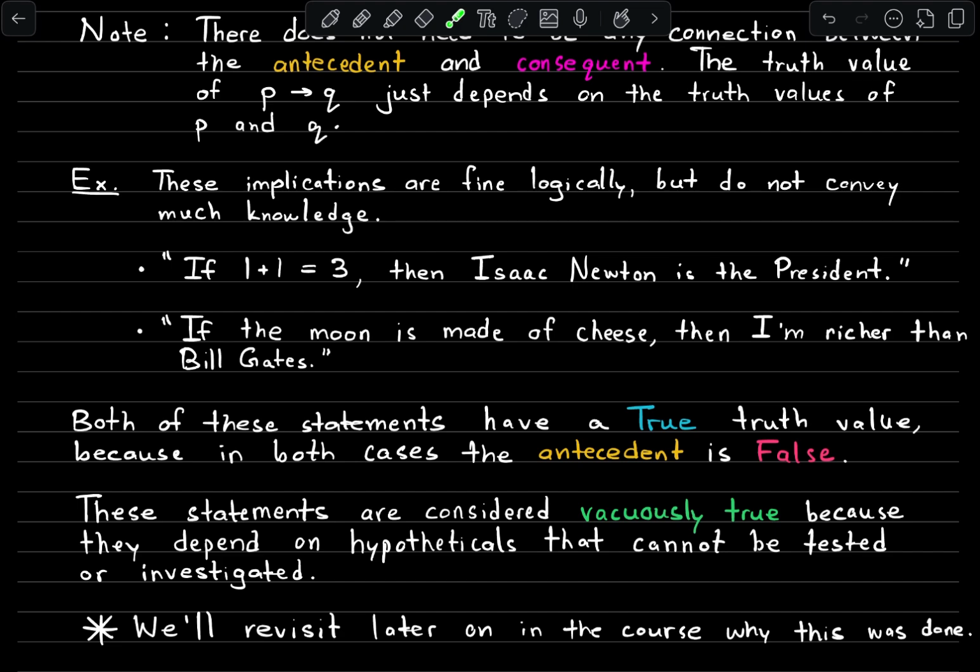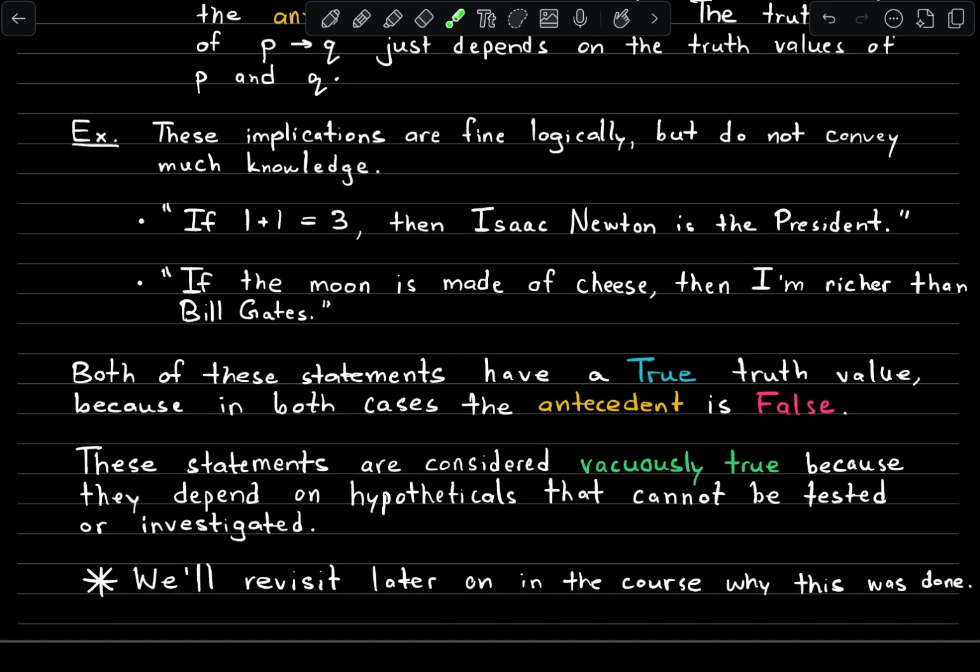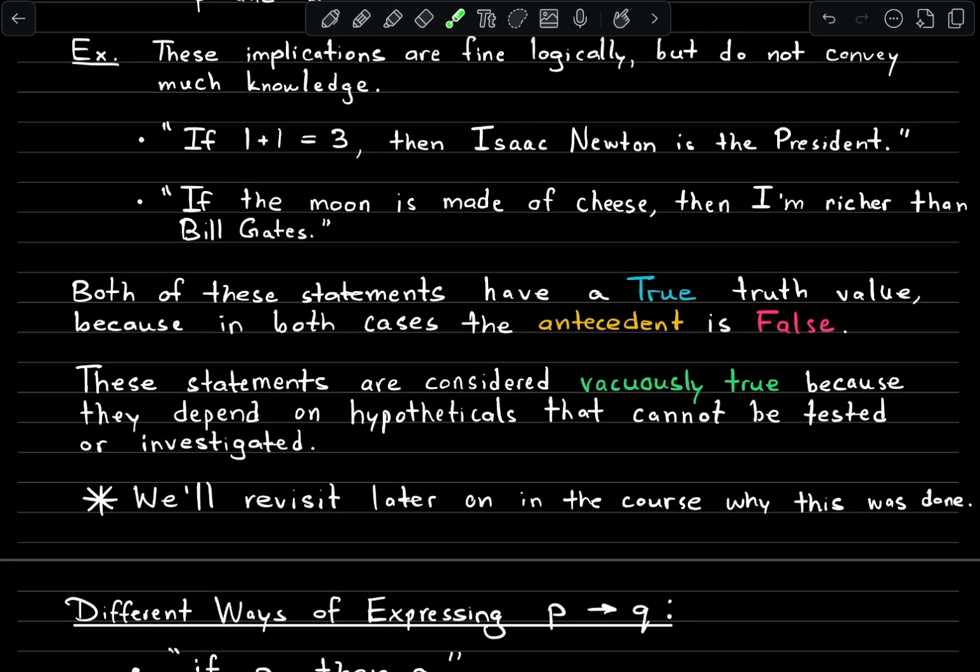So that's really why this was done, but otherwise, these don't really convey any important information. These are just hypotheticals. They cannot be tested or investigated. They're just put as true by default. Okay? And we're going to see later on in the course why this was done, why that makes sense, almost mathematically, actually. All right?